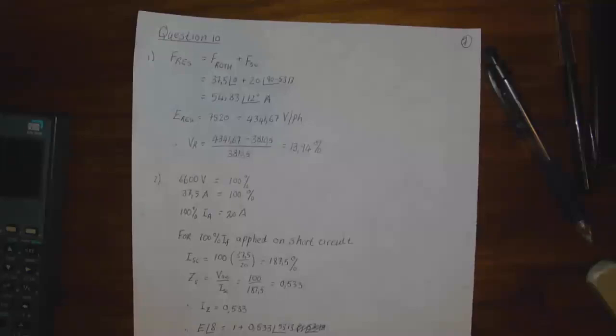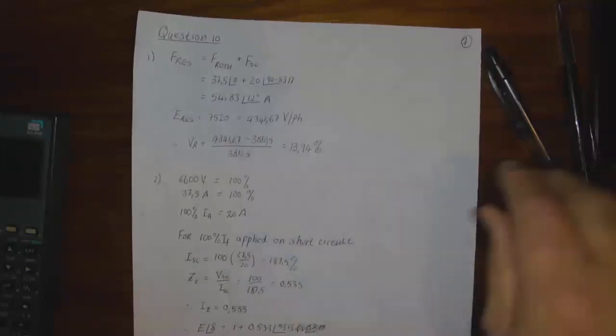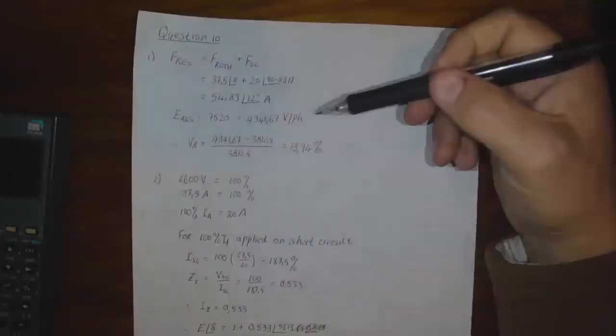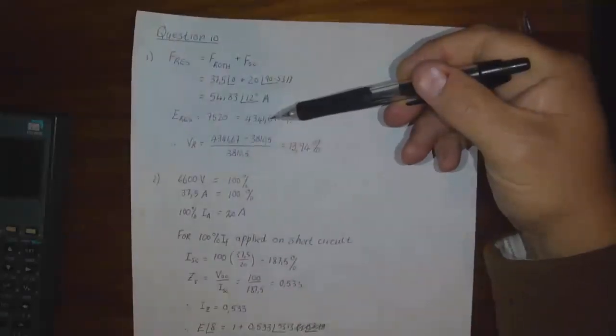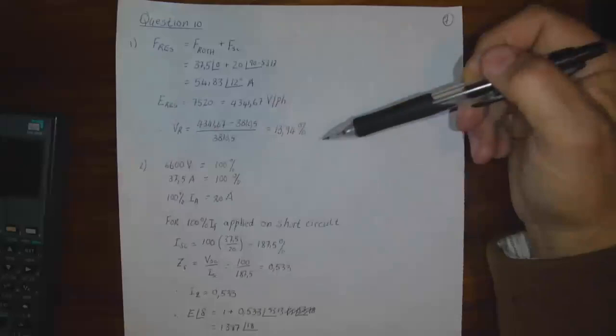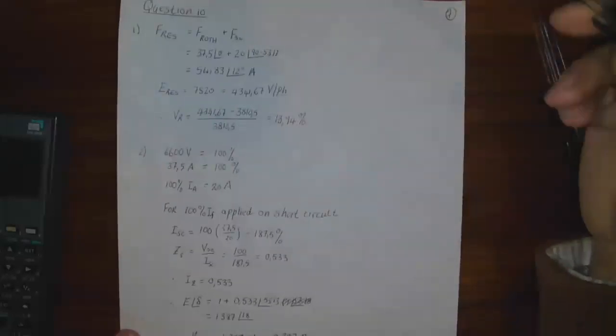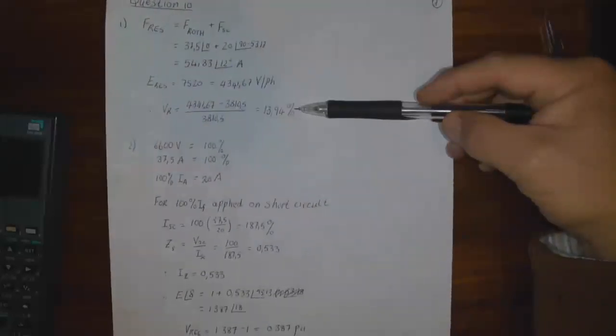And if you look, what is your voltage? Could be 7,500 or 7,600, more or less. Get the phase value, divide by your voltage, and you get 13.94.